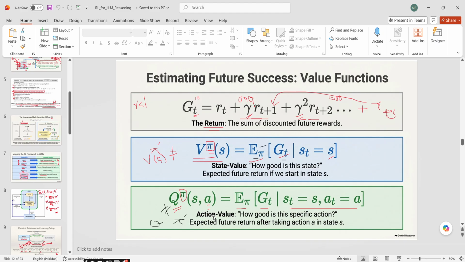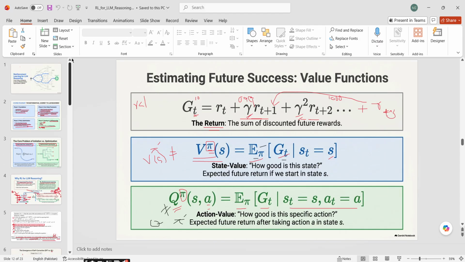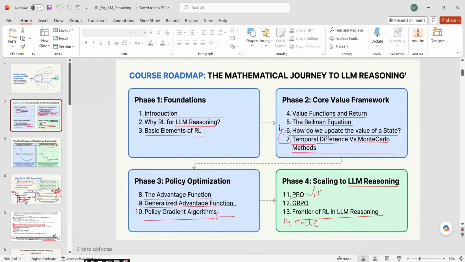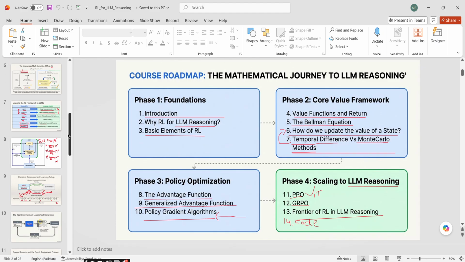In order to estimate the value of an action, I use the action value function. If I need to calculate the return at any given timestamp t, I can use this formula. And then we saw the Bellman equation: if I want to calculate the value of a state, I can use the Bellman equation.